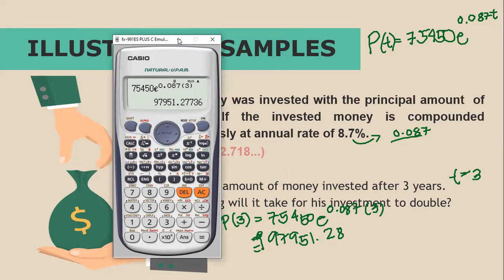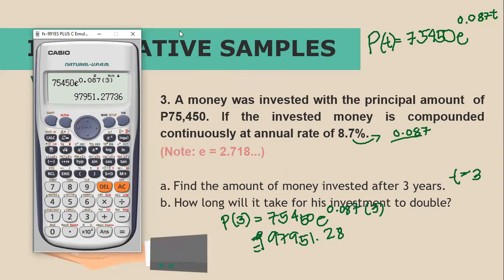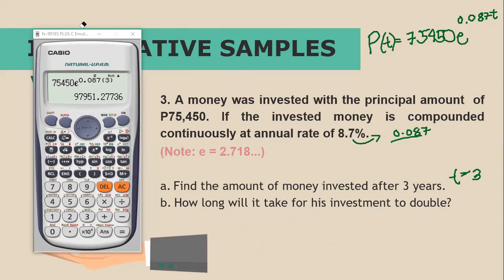Now, the second question, kailan daw magdodoble yung kanyang ininvest? Okay, so sabi dyan, di ba? How long will it take for his investment to double? So 2 times nitong 75,450, 2 times 75,450 is equal to 150,900.